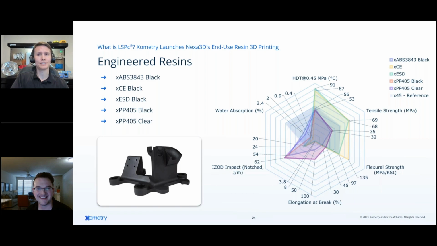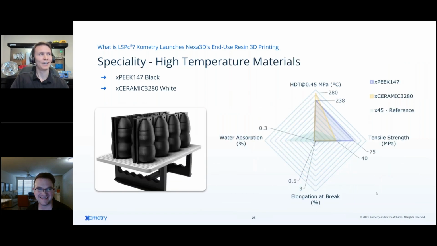So I have this, now moving to this specialty resin. And in this particular graph, I'm highlighting the high temp resins, which is really unique for photo resins. Because usually the downside is no matter what you engineer in a photo resin, you end up having a lower HDT than a typical thermoplastic.